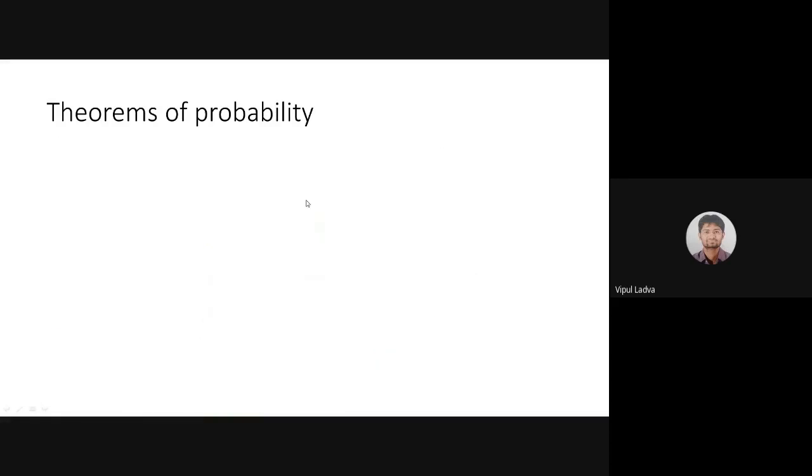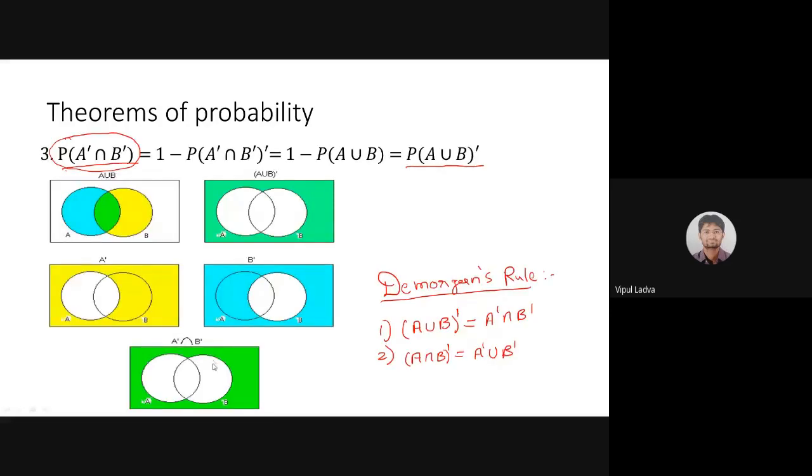Now observe both these diagrams, this and this. Both have the same, ditto same shaded region. That means A dash intersection B dash is literally equal to the complement of A union B. So the probability of both events will be the same because both events are totally the same.